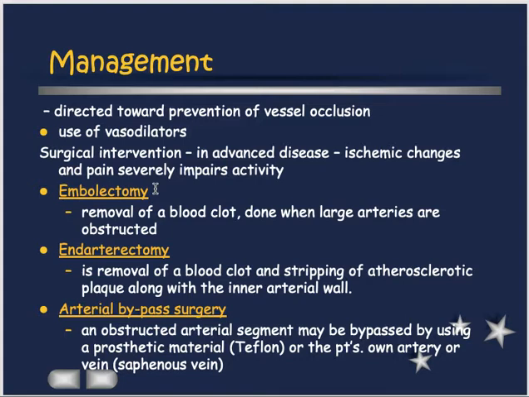One of the things is embolectomy. What is embolectomy? They have to remove the blood clot from that artery. It's a very common, easy thing. They can just make an incision in that vessel, take the clot out, and fix it back again.